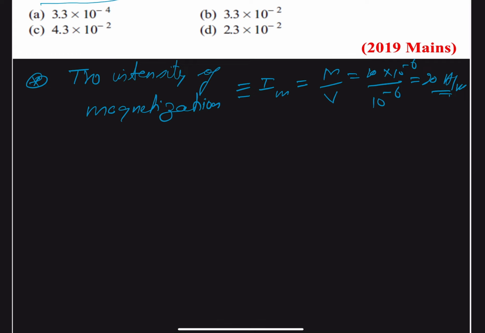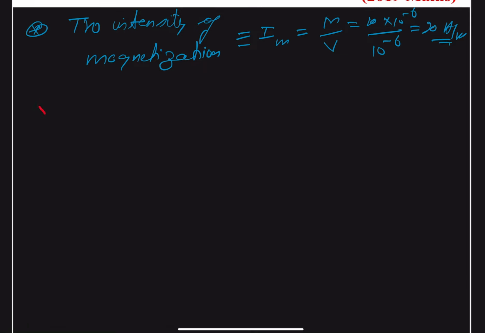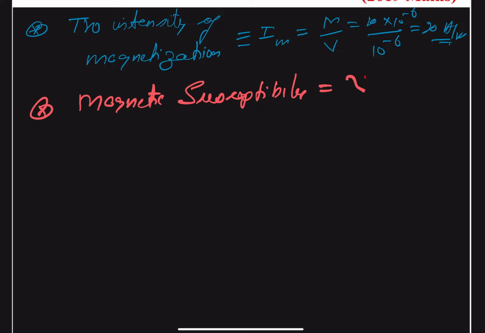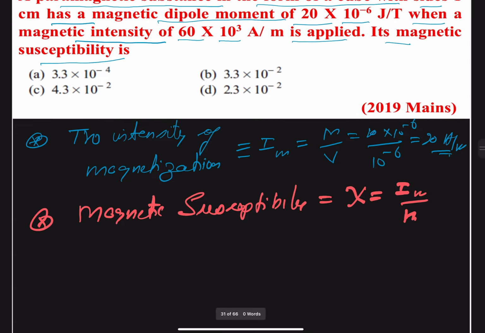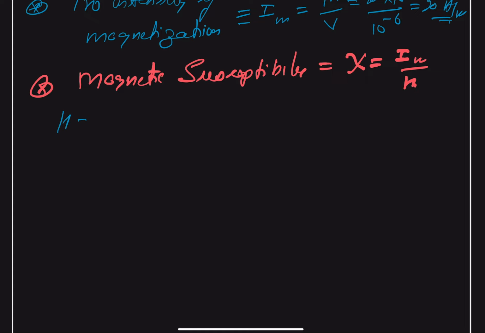And next we are going to find out our susceptibility. So we know magnetic susceptibility, which is represented by Z, is equal to intensity of magnetization divided by H, and here H is our magnetic intensity.